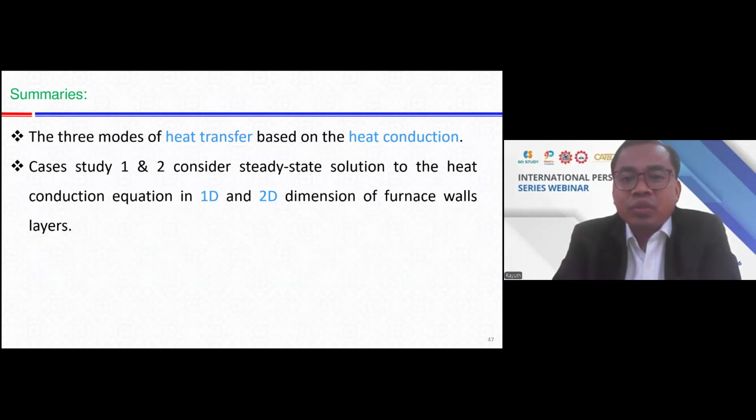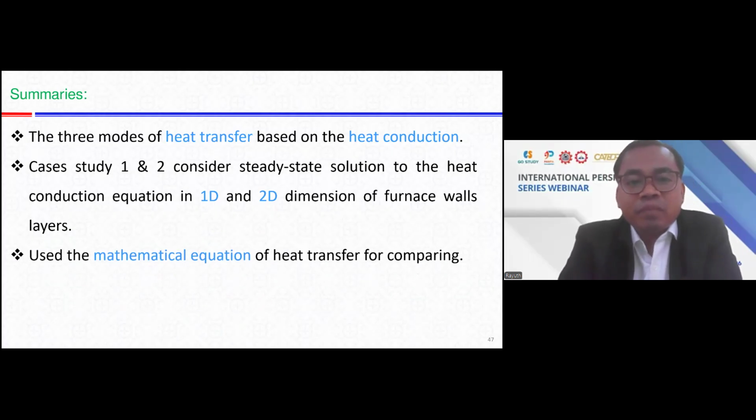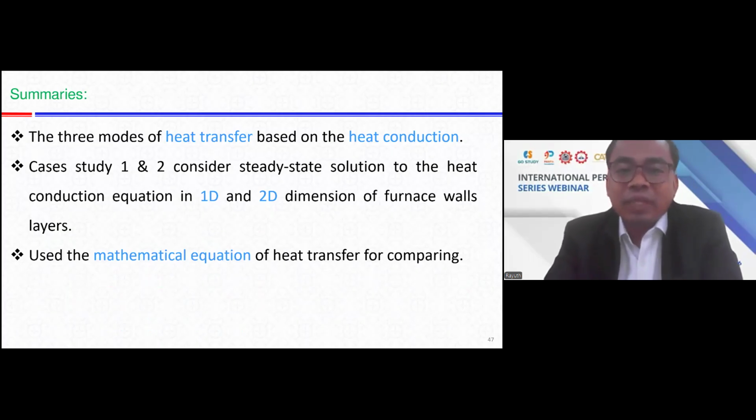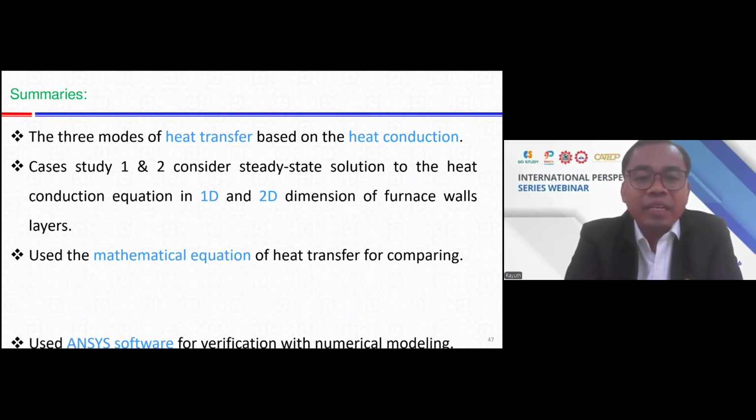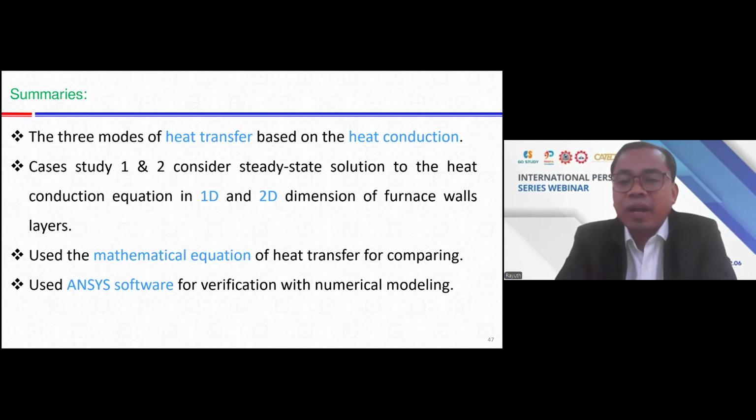I used the case study of one-dimensional heat transfer through a three-layer wall of different materials, and also a 2D furnace layer. We also have to use the mathematical equations of heat transfer and compare them with the ANSYS software to verify whether the numbers differ by a lot or a little.